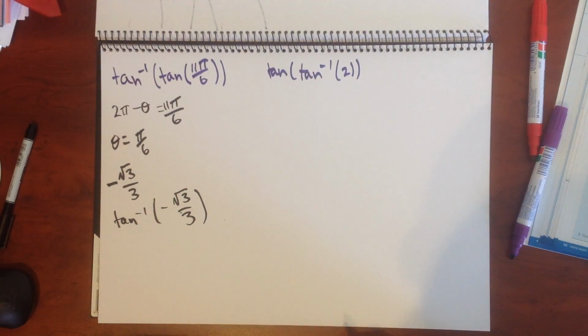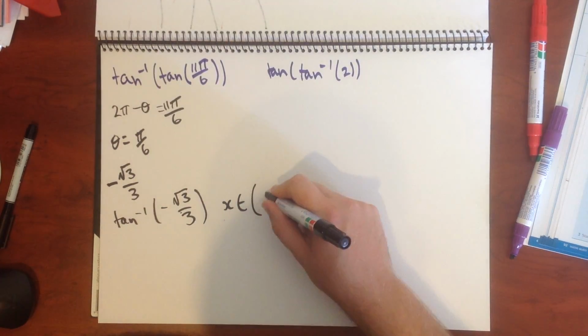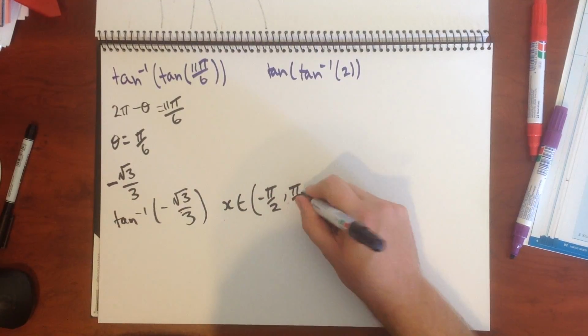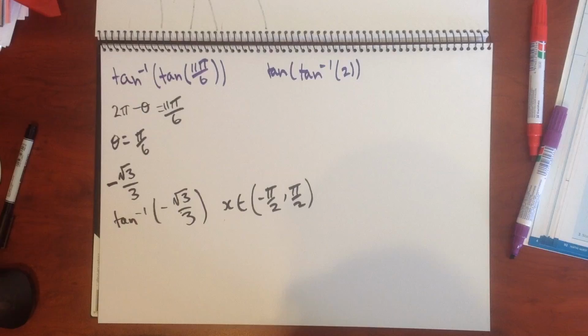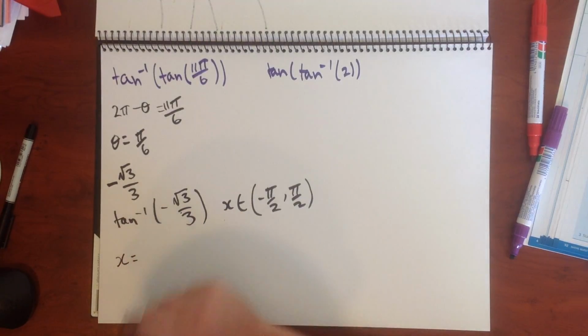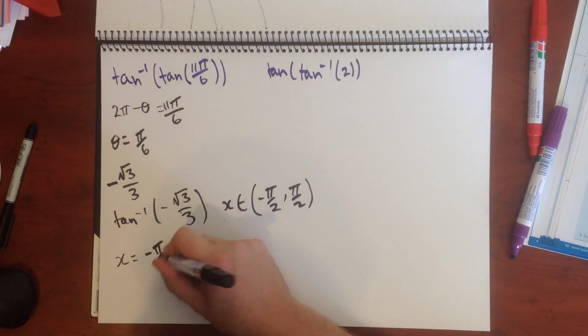Okay, and for that one, we've got to be where x is an element of negative pi on 2 to pi on 2. That's the one that we're going to be using. So there's only one solution for that one, which is where x is equal to negative pi on 6.